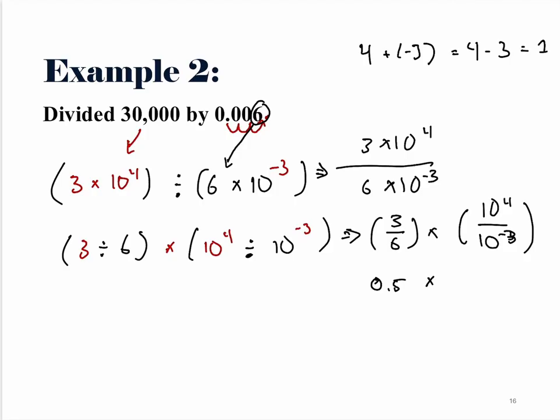And now we have 10 to the 4 divided by 10 to the minus 3, which is 10 to the 4 minus negative 3, right? What happens when we have two minus signs like that right next to each other? They cancel out and they turn into an addition sign, right? So that becomes 0.5 times 10 to the 7.